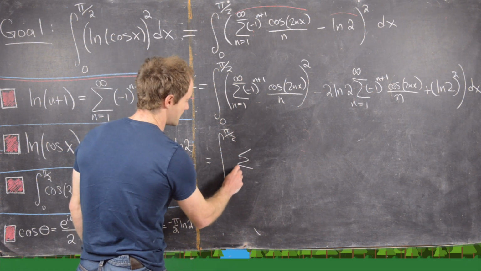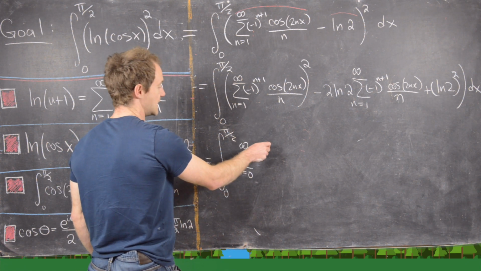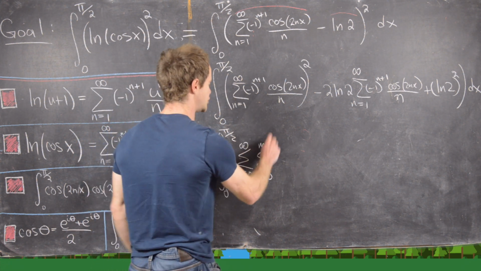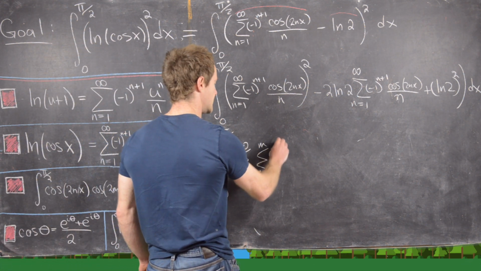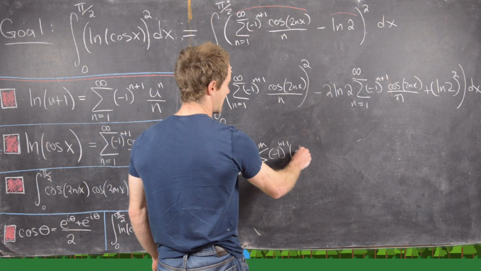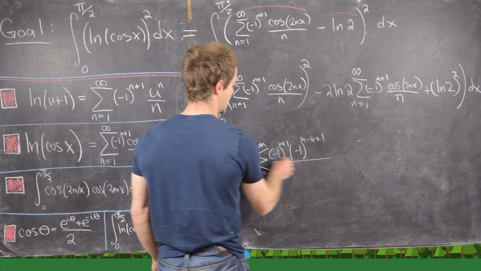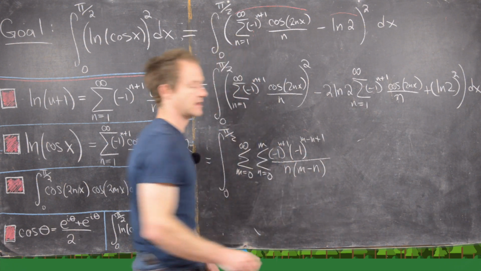So we have the sum m equals 0 to infinity, and then inside of that we have the sum n equals 0 to m. So we'll have minus 1 to the n plus 1, and then minus 1 to the m minus n plus 1, and then this is going to be over n times m minus n.